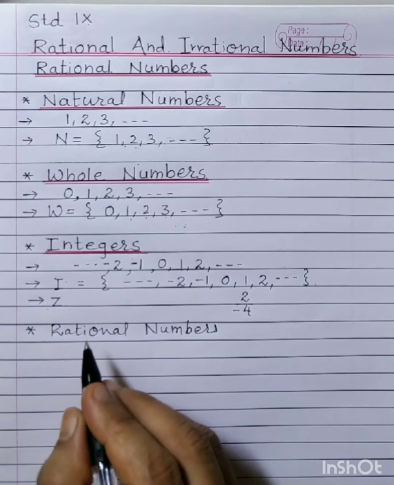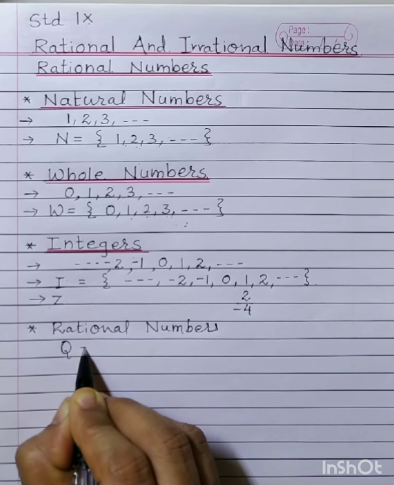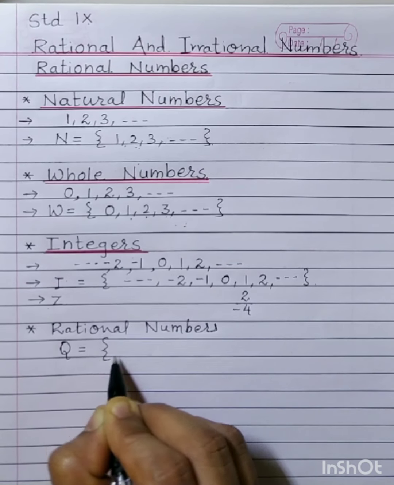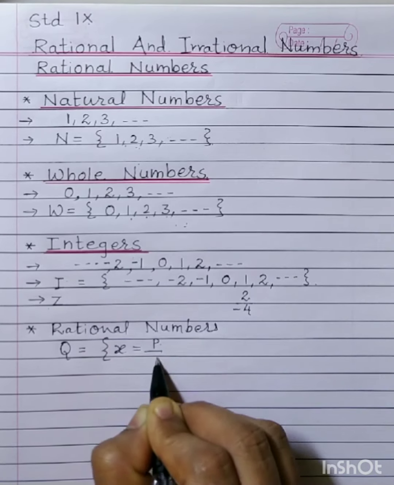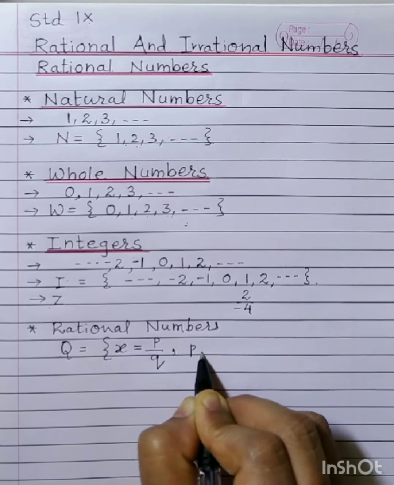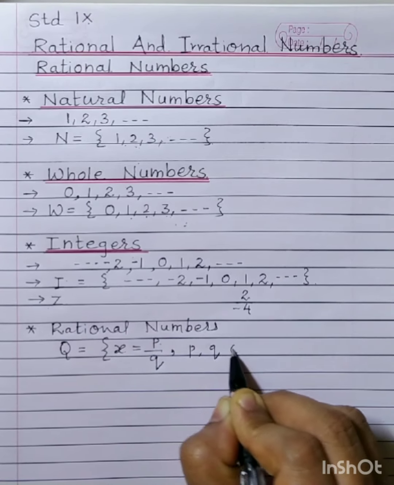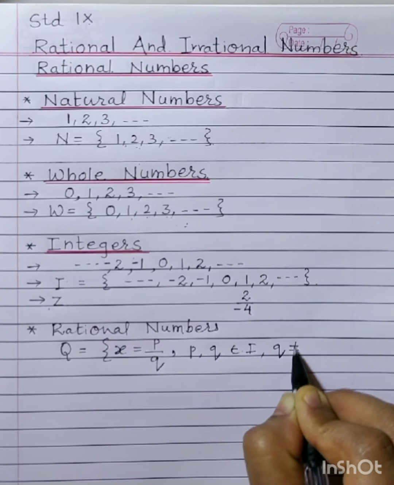This is the set of all numbers. We denote the rational number set by Q. It is the set of all x such that x is represented in the form p upon q, where p and q are integers and q cannot be 0.